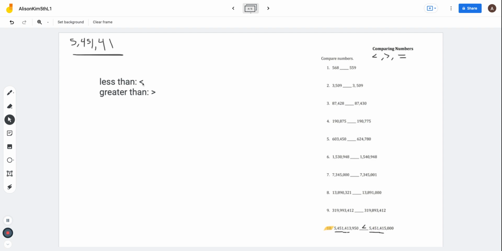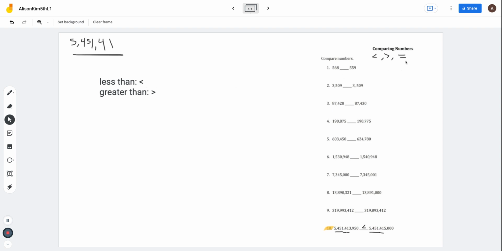So the open side is always going to face the number that is greater. Since in number 10 the 5 was greater than the 3, that's why we put less than. And you can see that it's like eating the greater number. So this is going to be the mouth, and the mouth is always going to eat the bigger number.